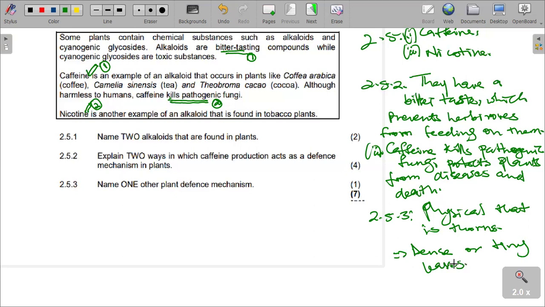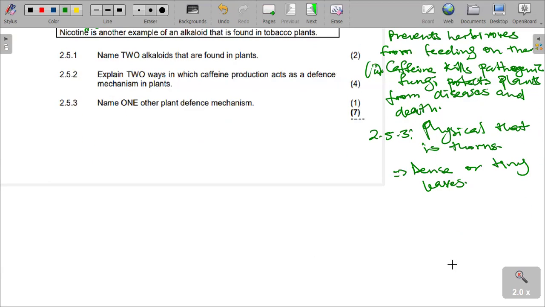We can also have milky, sticky secretions.